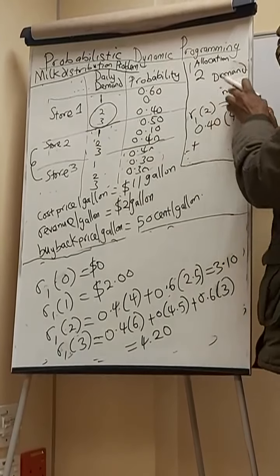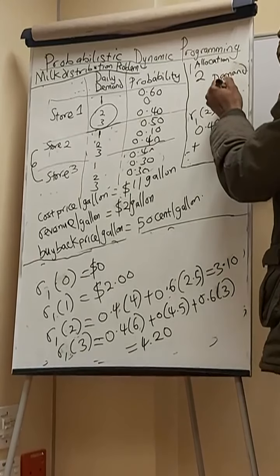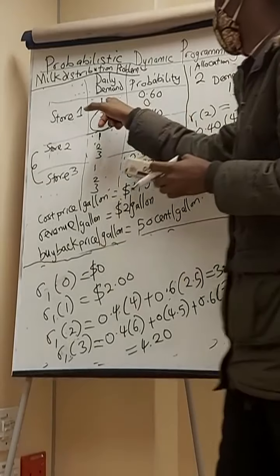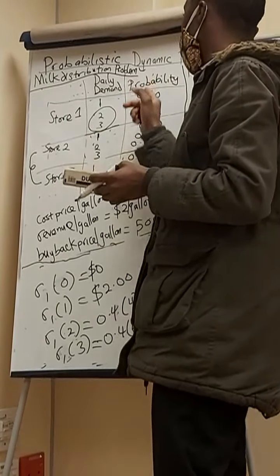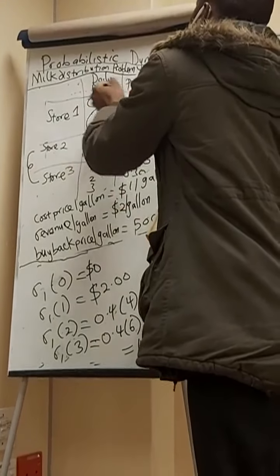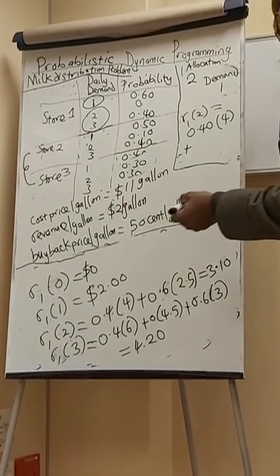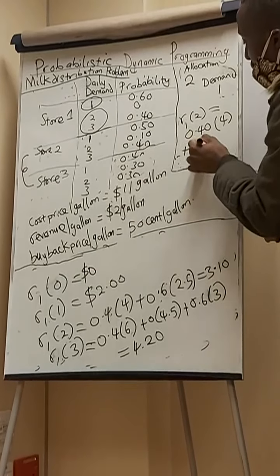How about if the demand is 1? If the demand is 1, there is a 60% chance, which is 0.6.